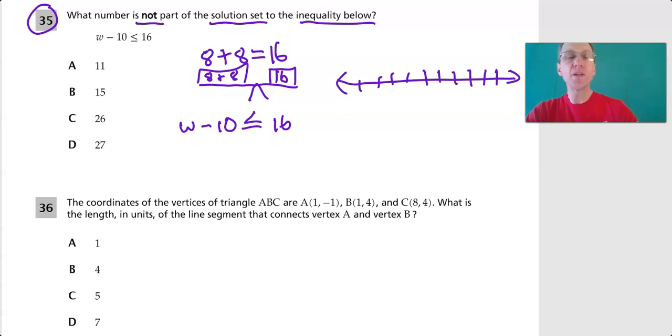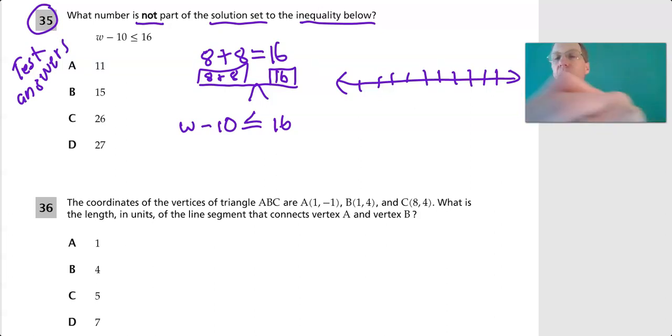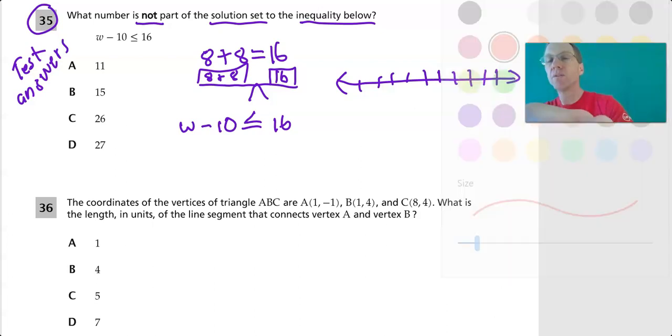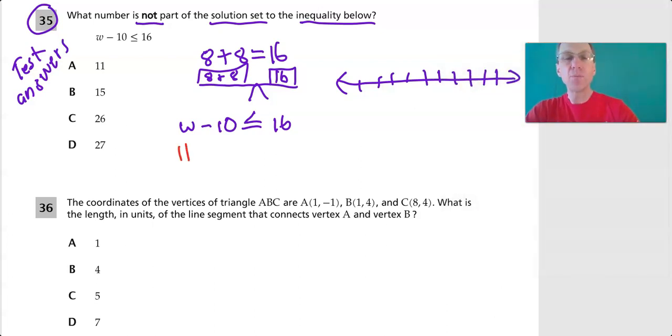You could also just test these answers. This is a great way to do a lot of problems. Just test the answers and see if you can save some time. Let's see, what about 11? Instead of W, I put 11.